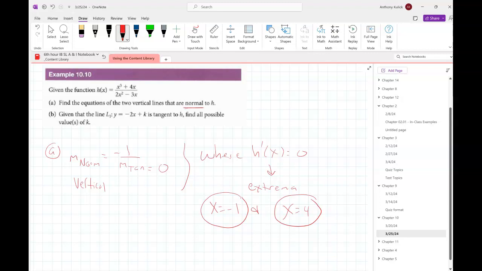All right. Part B, it says, given the line y equals negative 2x plus k is tangent to h, find all possible values of k.